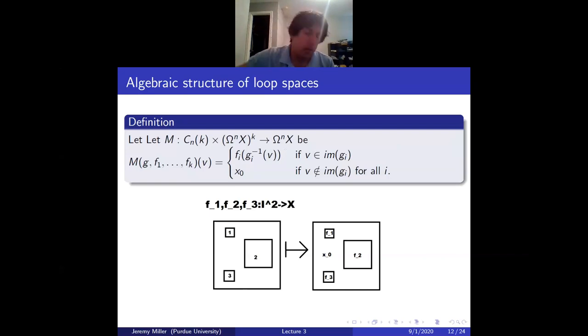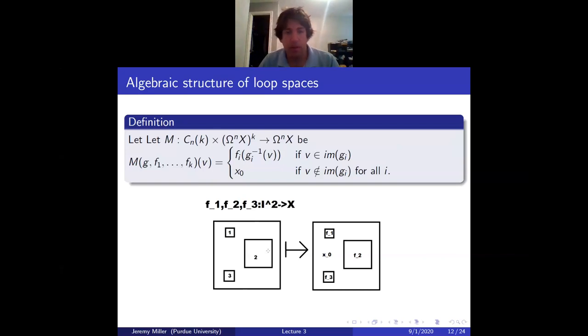Maybe I'll say what it is in pictures, and then we'll try to digest this formula. So what do we need to do? Let's say this is the case where n is 2 and k is 3. So n is the dimension of the cube. In the picture, the cubes are 2-dimensional, and k is 3.